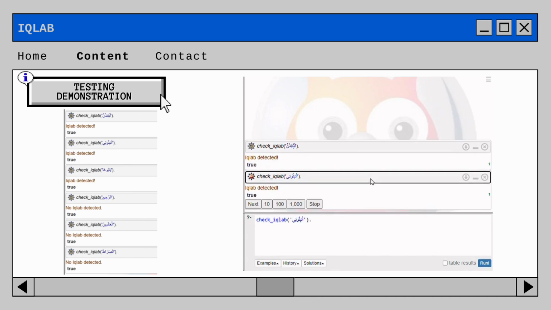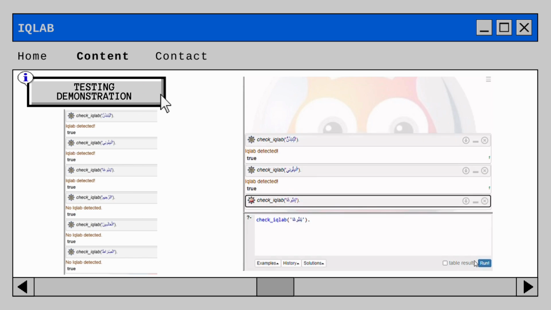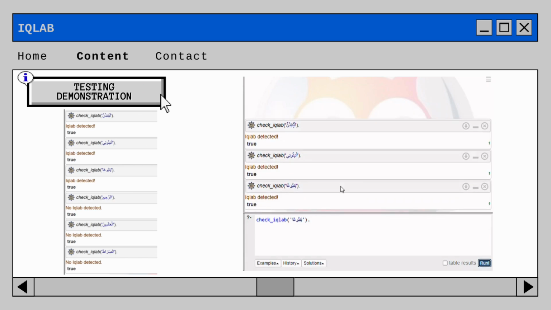Right. Okay. So next, we want to check for yambu'a. And it shows IQLAB detected.